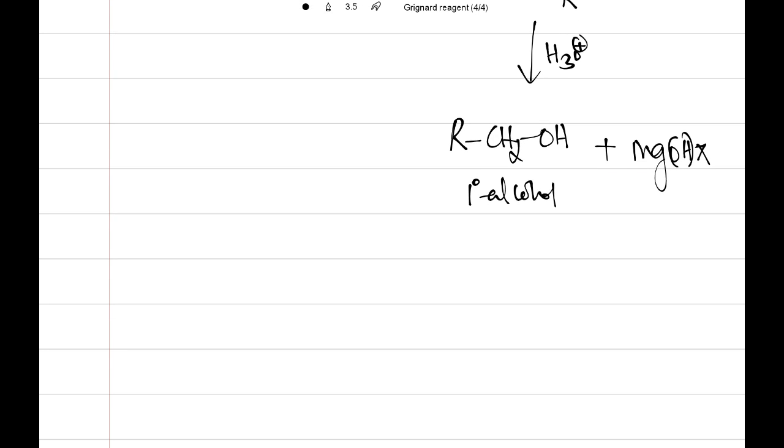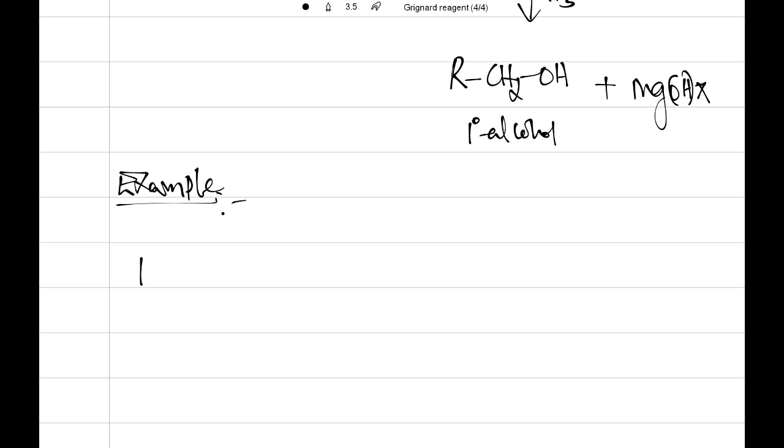Right, so if I take some examples, I am taking formaldehyde, HC double bond O, reacting with CH3MgBr. What is the product of the reaction after hydrolysis?